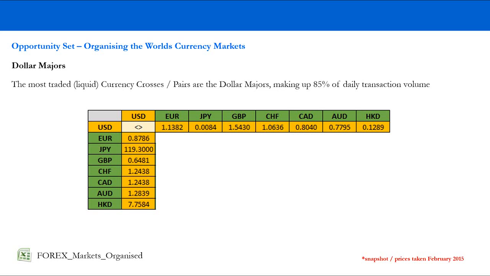And what you're going to see is a table quoted on all media outlets. So whether it's on television, on financial news channels, where you have the ticker dropping across the bottom of the screen, or online, or in the newspaper, you're going to see a table of cross rates, so currencies that are quoted against the US dollar. So we call these the dollar majors.